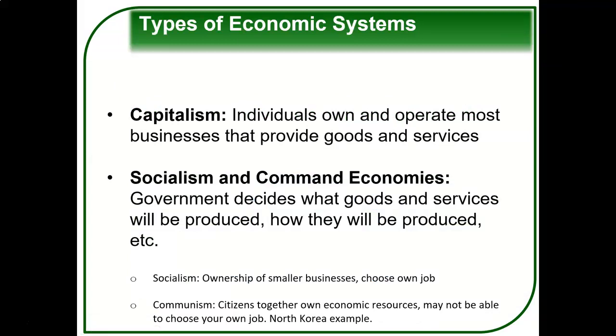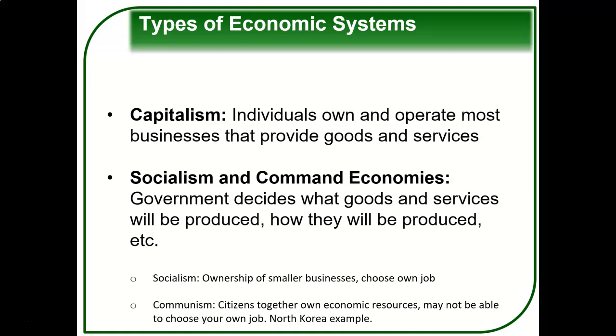Let's talk about the types of economic systems. The first is capitalism, and we're familiar with that phrase, aren't we? It's defined as a system in which individuals own and operate most businesses. The alternative is socialism and command economies.